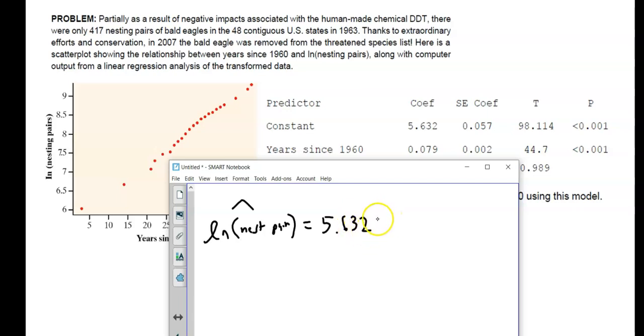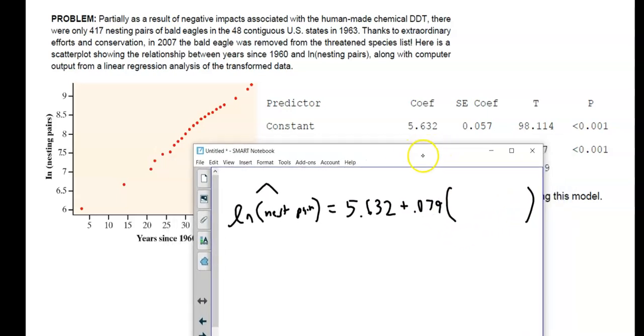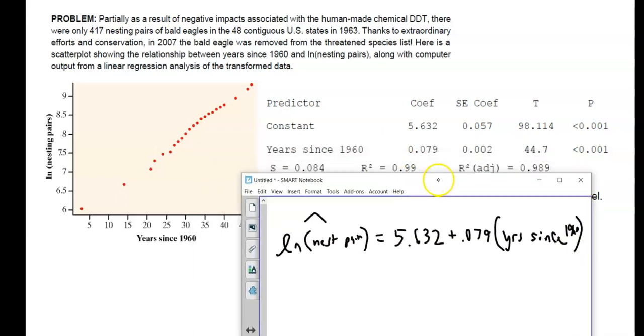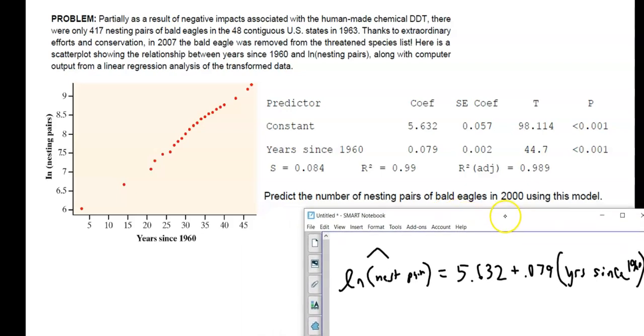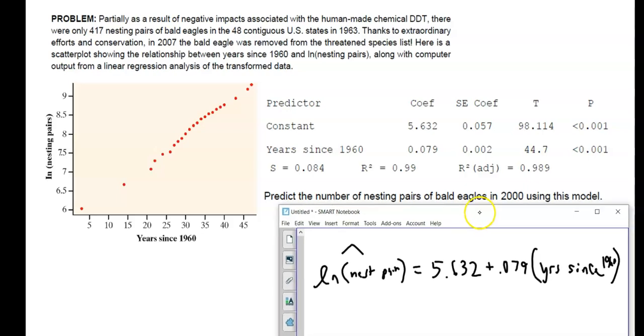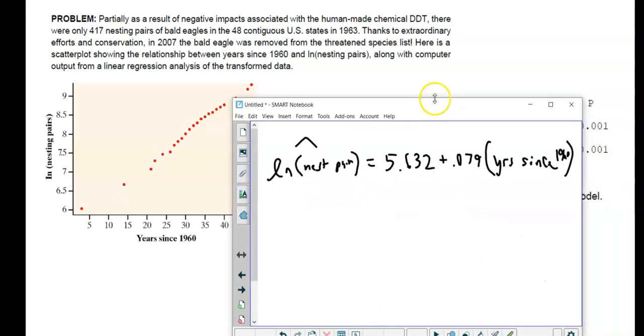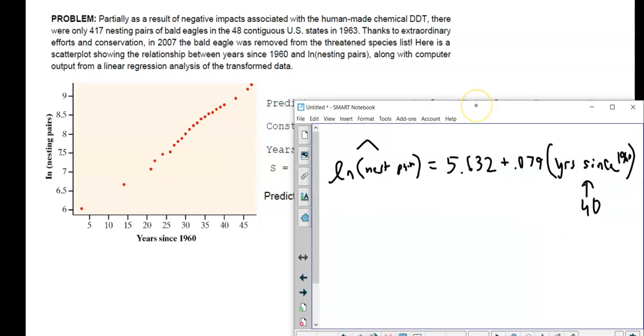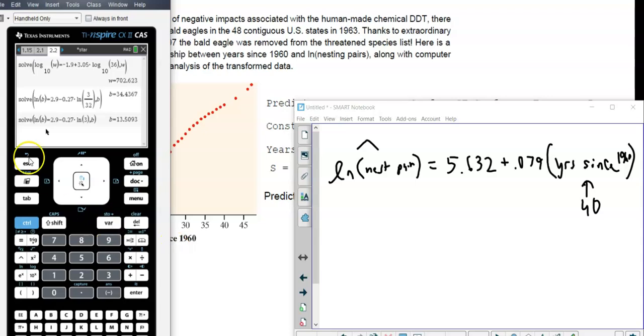I won't round as much this one, plus 0.079 times the x value, which is years since 1960. Okay, so it says predict the number in 2000 since 1960. So that's 40 years from 1960. So I'm going to plug in 40 there. So I'm going to get my calculator out and solve this guy.